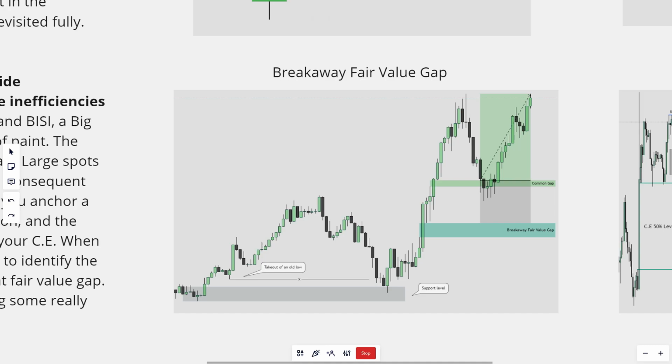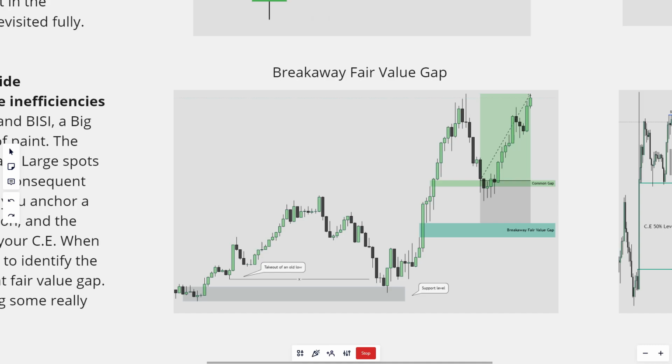This is an order block, so I'll say order block. You may say this is a demand zone. So price comes down, takes out this low, taps into this support level, and then on the break higher, price creates this breakaway gap. That first fair value gap during the break of the reversal, that is your breakaway gap.